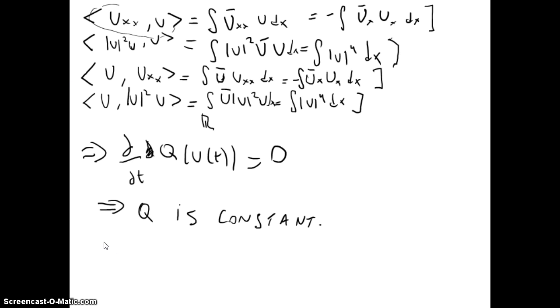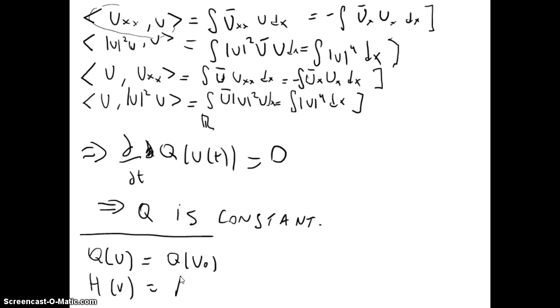That will mean that in a given space we will have that Q(u) will be equal to Q(u0), and H(u) will be equal to H(u0). That means it is constant, and we will use it later for global existence of solutions.